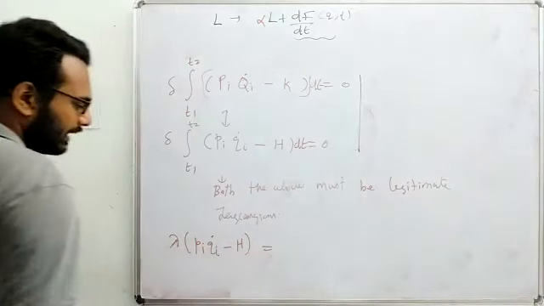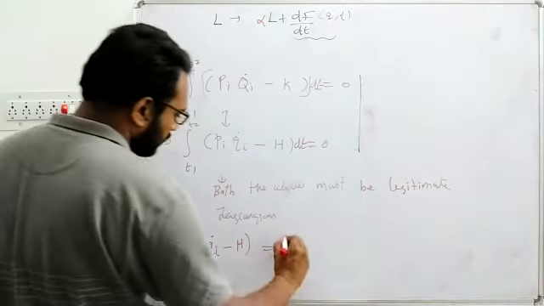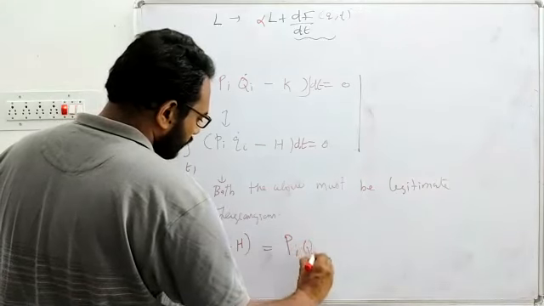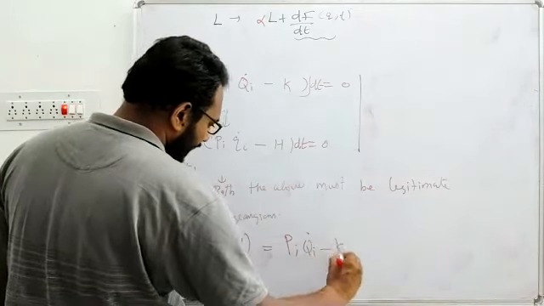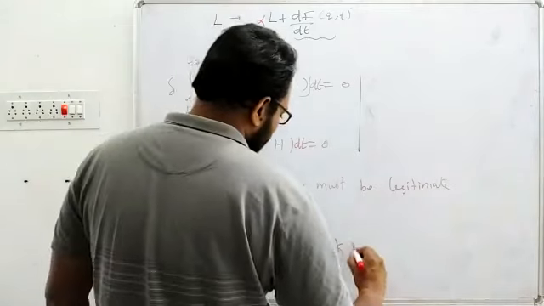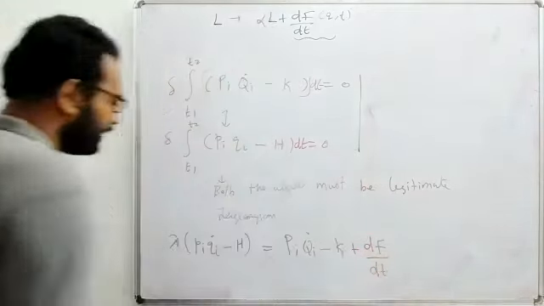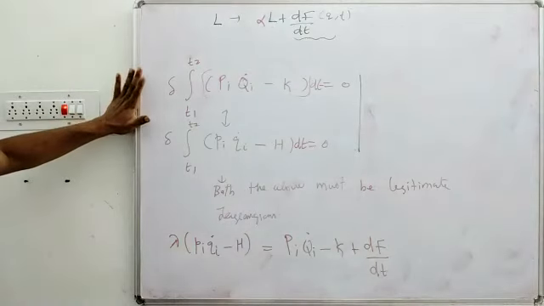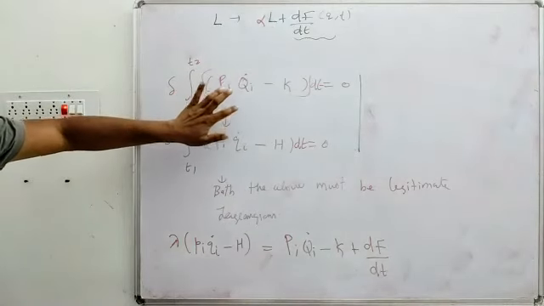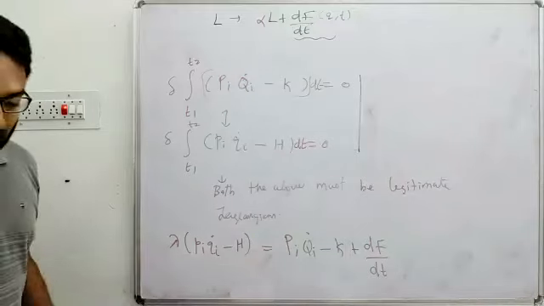This is one possible Lagrangian. So this has to be equal to Pi Qi dot minus K plus a total derivative df by dt. Now, this means that if your new coordinates have to be canonical, this condition has to be satisfied.